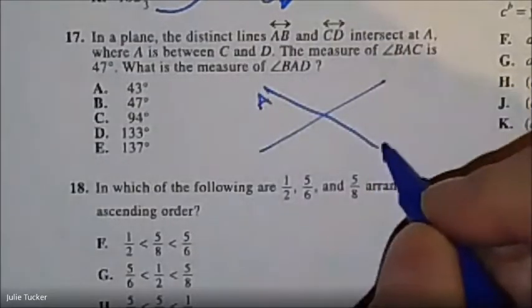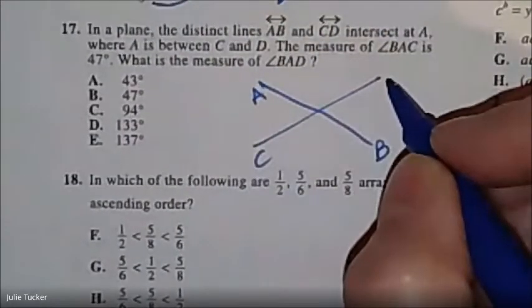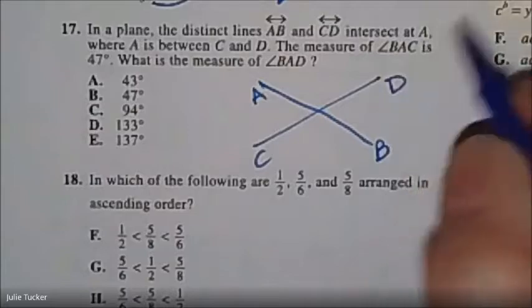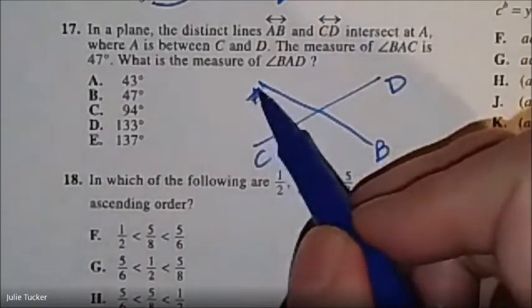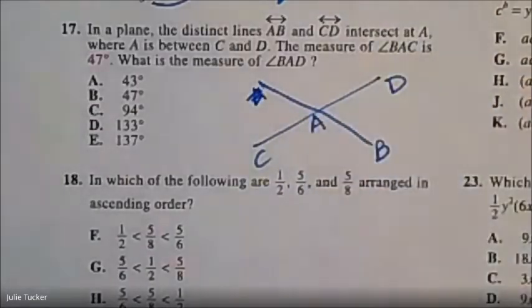So A, B, C, D. It says they intersect at A. A is between C and D. Okay, this matches their description. Read it again.